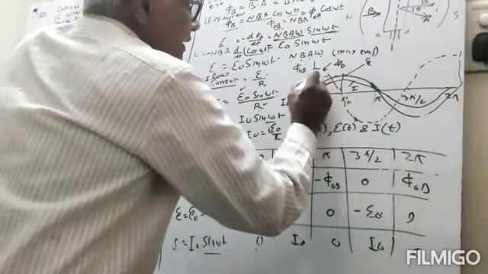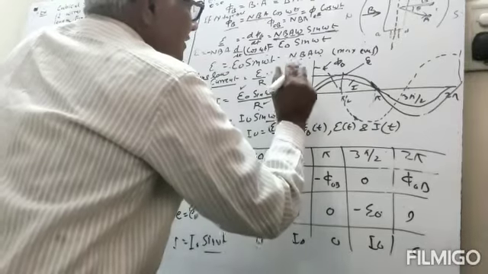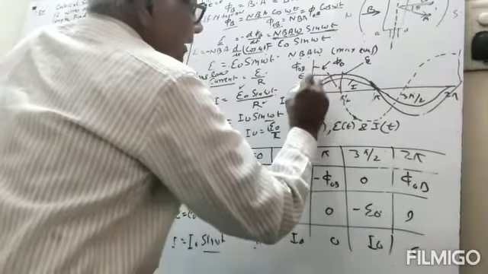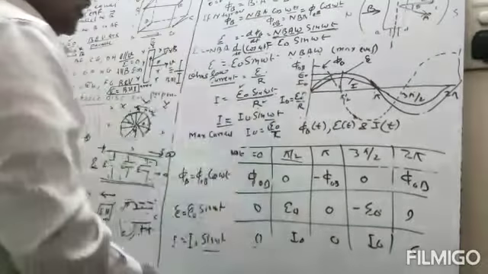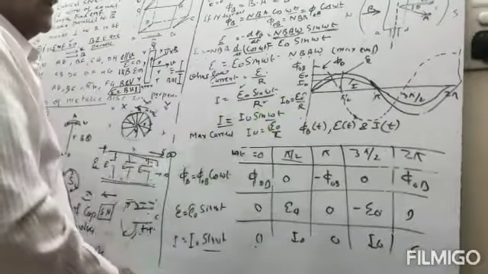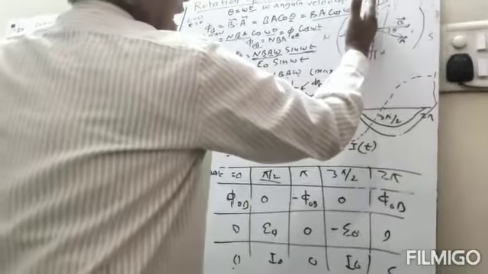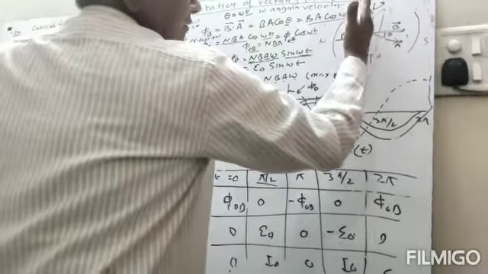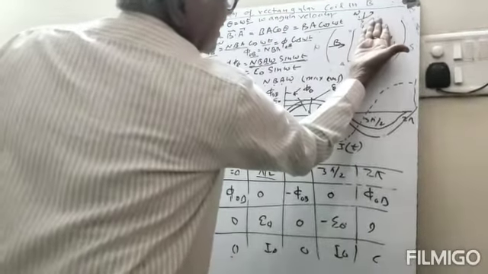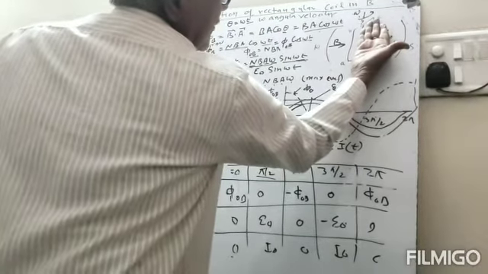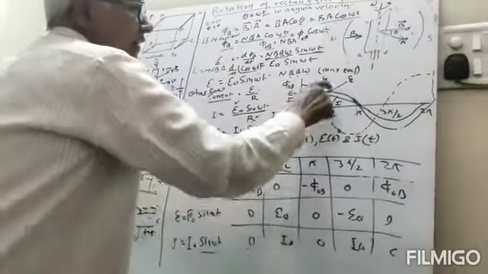This will be equal to E0, and this will be equal to I0. So when it is 0, the coil is like this, and when it is 90, then it is like this. So here flux is 0 and the current and EMF are maximum.